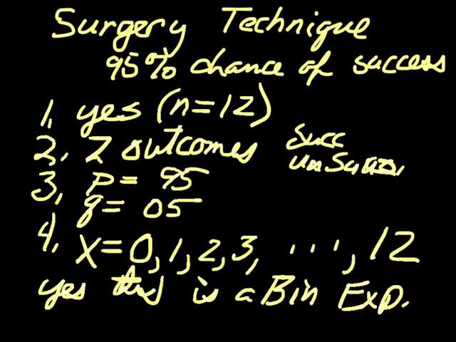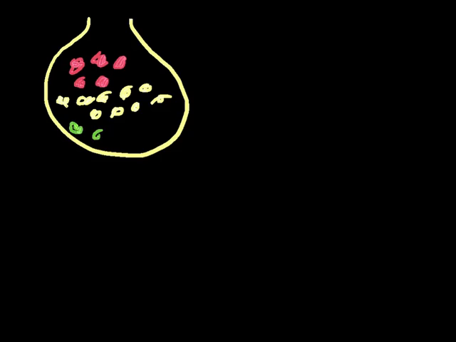So let me give you an example of one that is not a binomial experiment. Okay, so let's do it on the next page. So suppose you have a bag that contains 5 red marbles, 9 yellow marbles, and 6 green marbles.